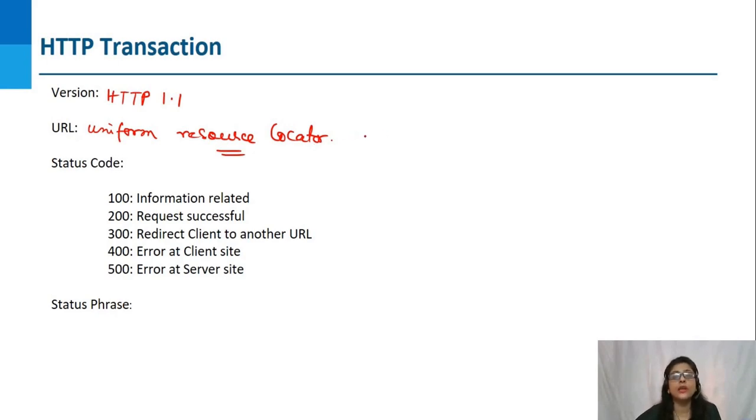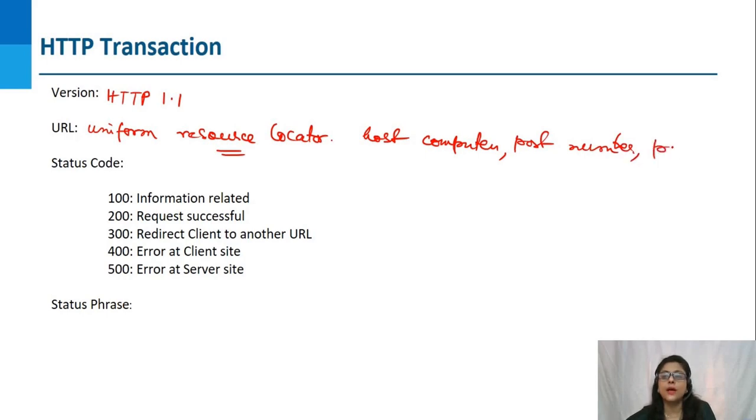It should give the name of the host computer containing the web page, the port number, and the path, together with the type of protocol. We have already learned this before.